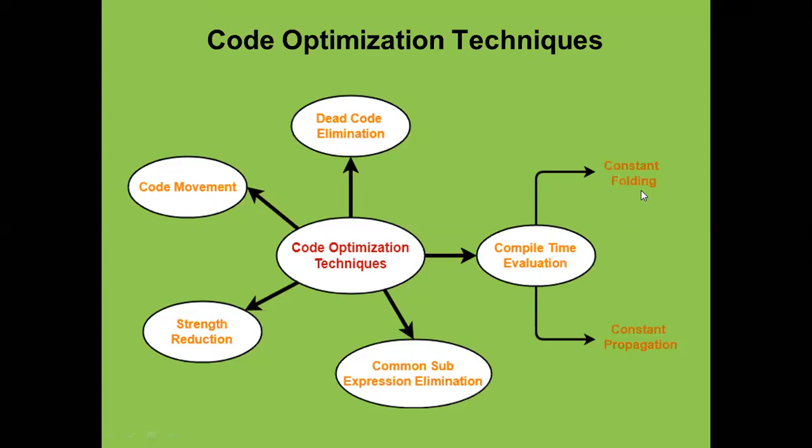The first is called constant folding, and the other is called constant propagation. We have already discussed constant folding and constant propagation. Suppose there is a constant value, pi, and we define it outside the basic block, and then assign it to a new variable, and after that we write again.